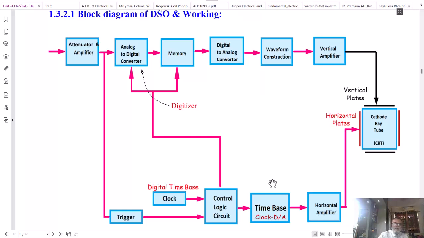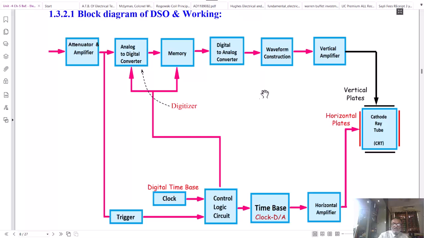In the digital storage scope, compared to your analog oscilloscope, the signal will be first converted to a digital signal and then it will be stored in the memory so that the recorded signal can be recalled anytime and displayed for analysis purposes.